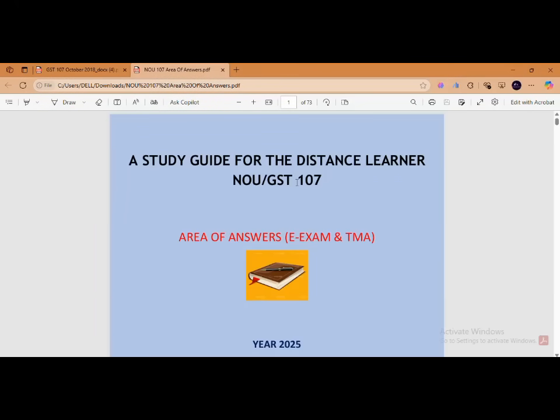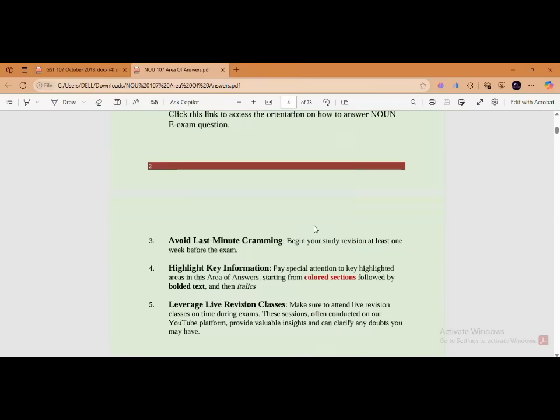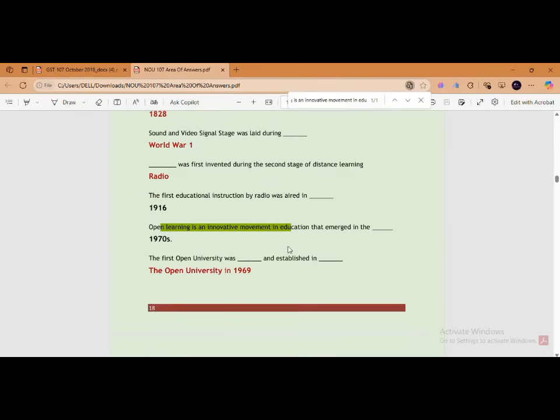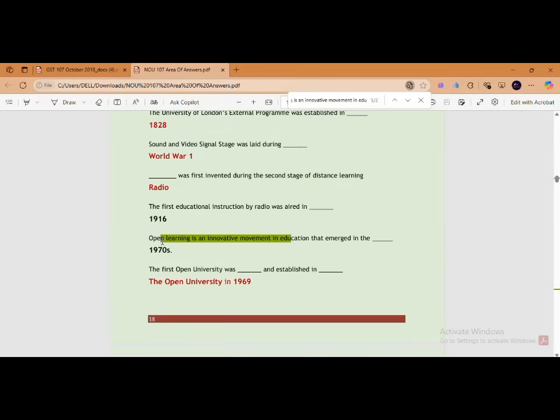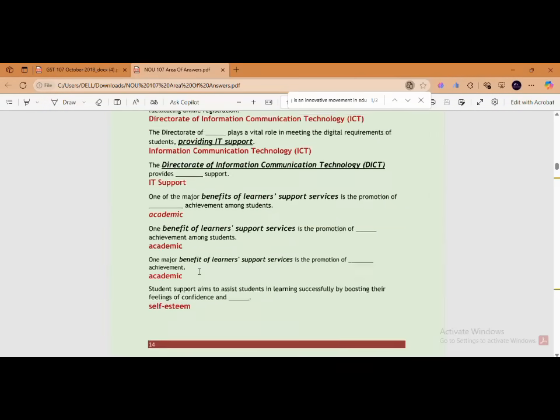And then let's make use of the area of answer. So this is how the area of answer will look like, as you can see. Now let's make use of the search answer as well. Open learning that emerged, as you can see, 1970s. The one that is not having S doesn't have S. The one that is having S, so that you arrive at the same answer to the question.